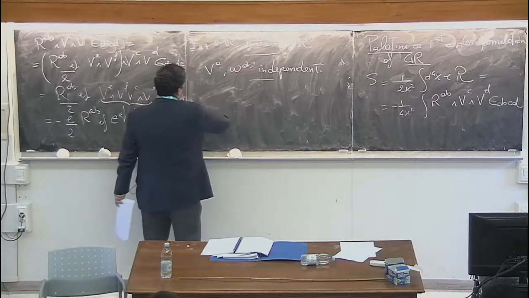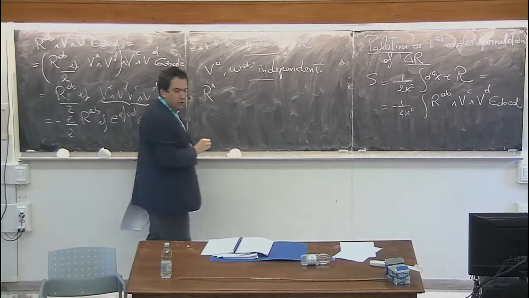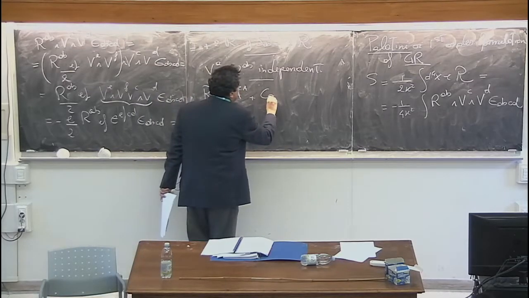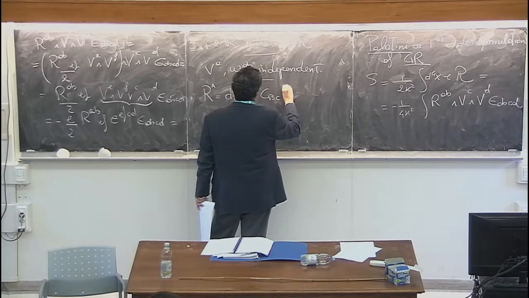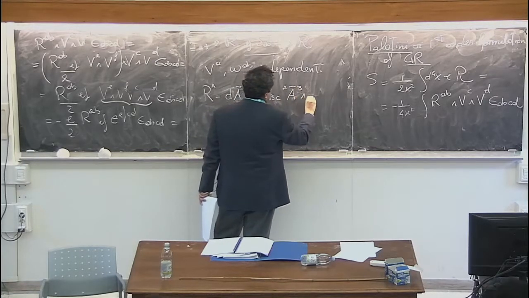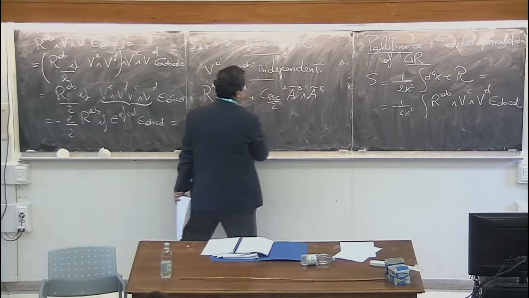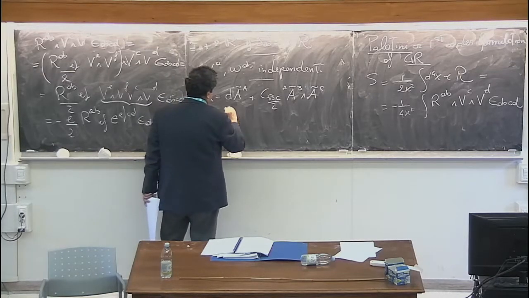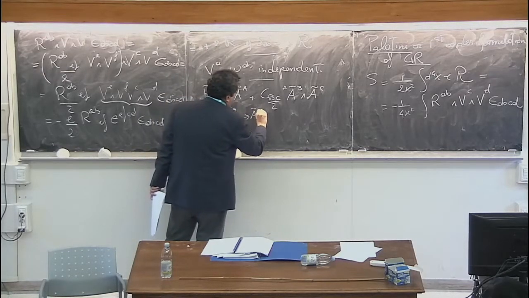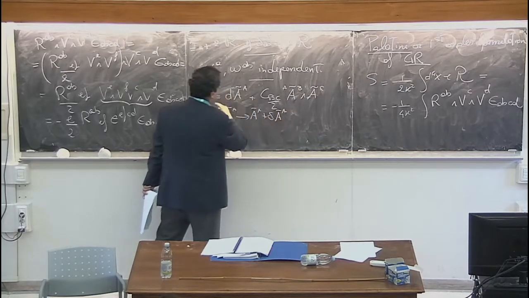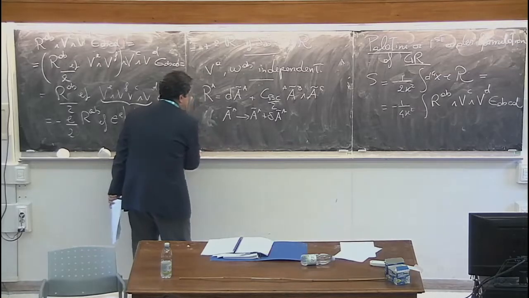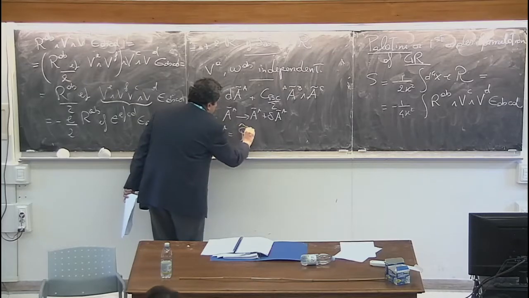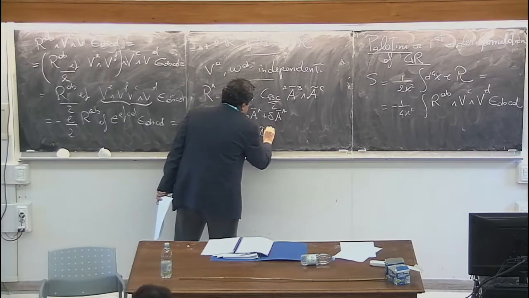Remember that if we have a general curvature that we have written as dA tilde^A plus C^A_BC A tilde^B wedge A tilde^C divided by 2, and we vary with respect to A, then R varies by a covariant derivative of the variation of the connection.